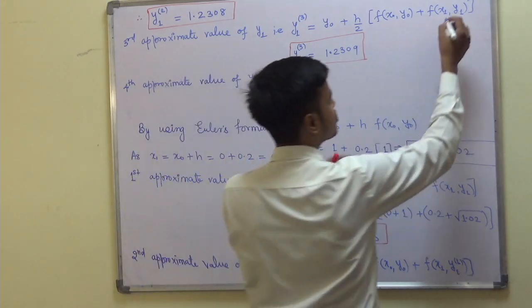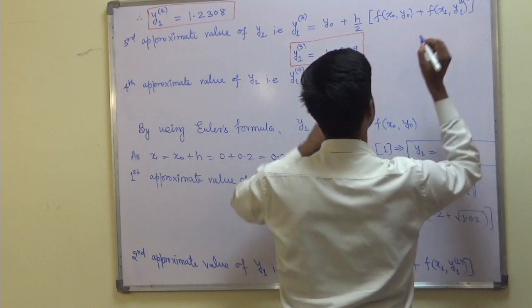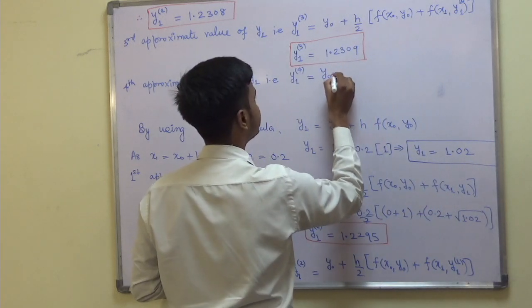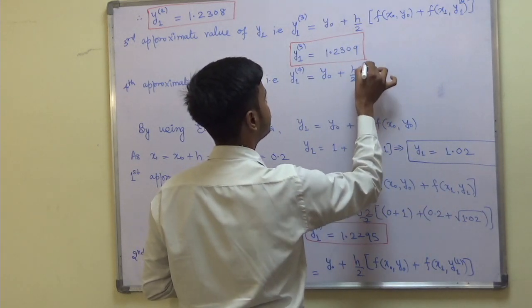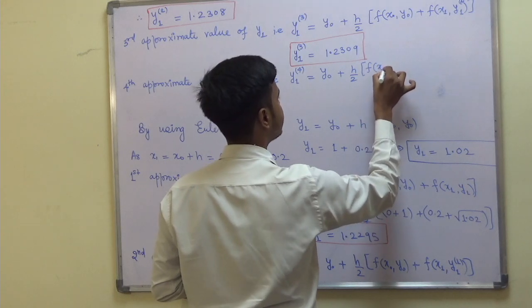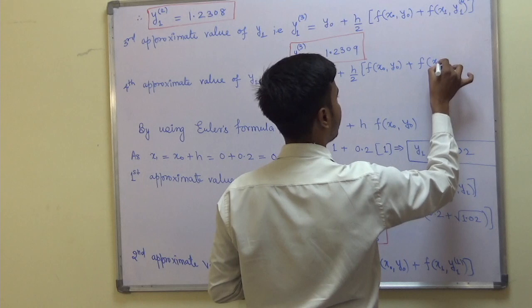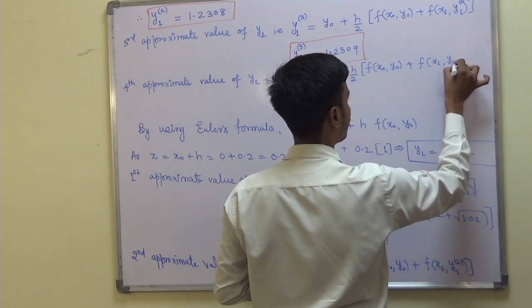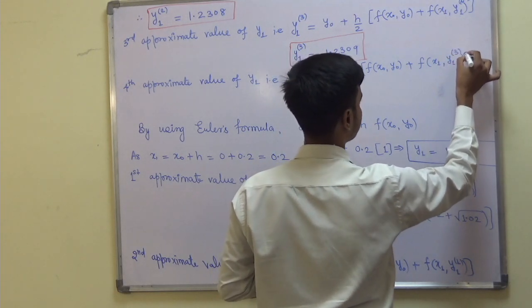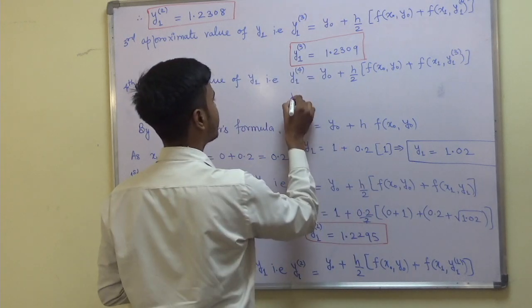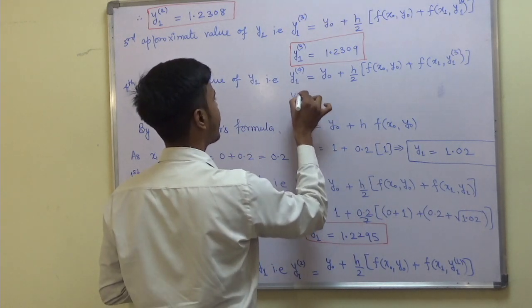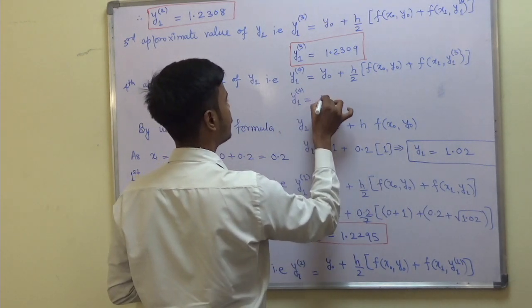One correction, it should be y12. Okay, so this is y0 plus h by 2 into f of x0 y0 plus f of x1 y13, correct.